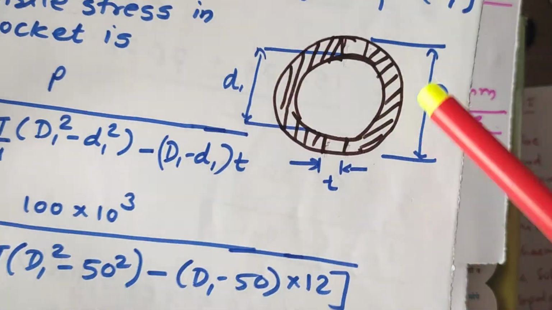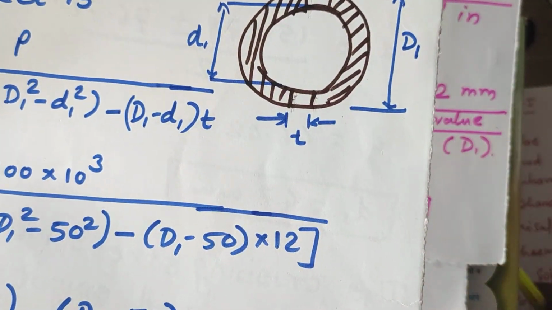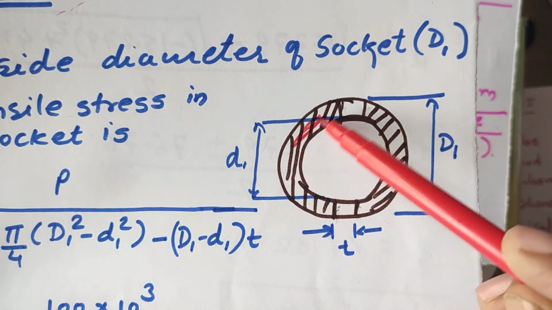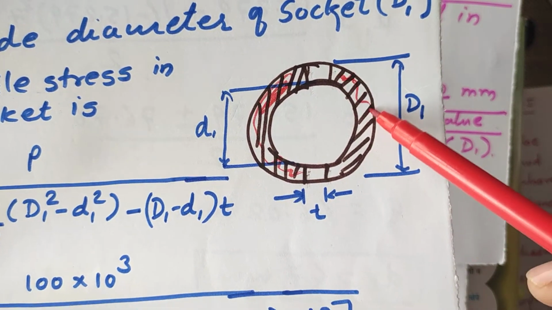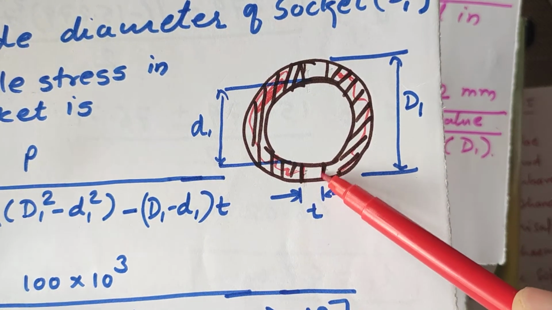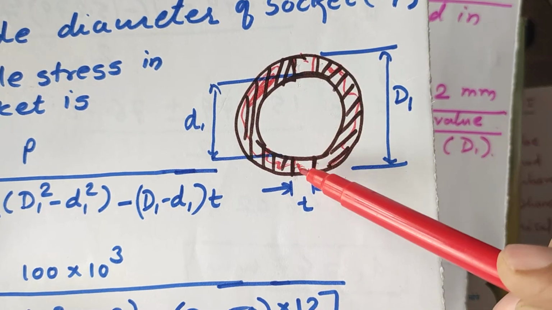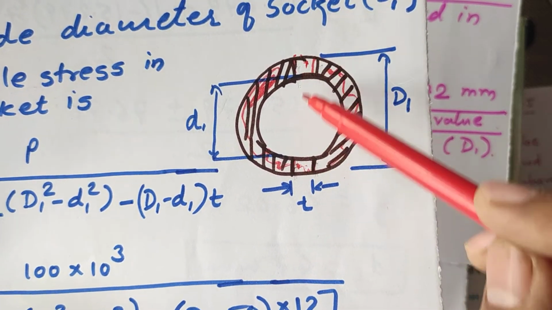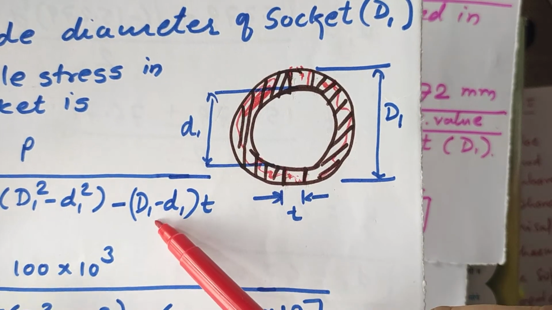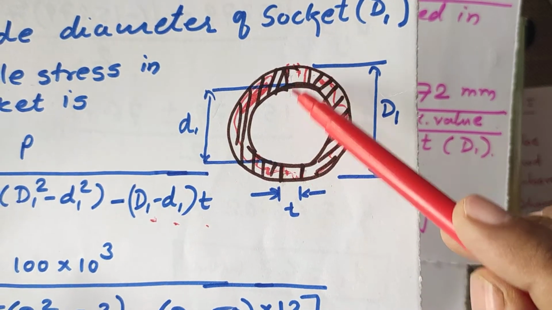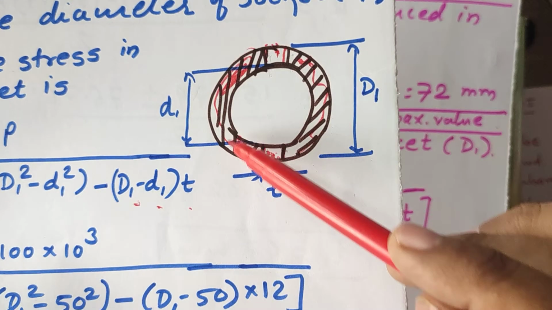Now this cross section, I hope you remember this. Here is the slot with the thickness T. Now this slot we have to omit. The area of this slot is capital D1 minus small d1 into T. So this you have to subtract from this ring.